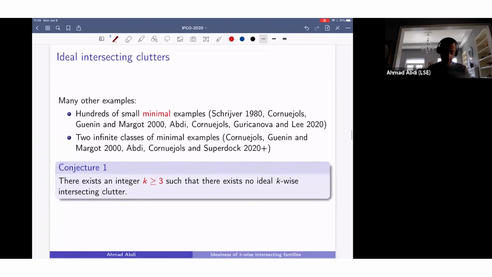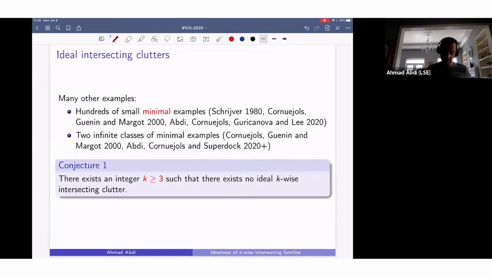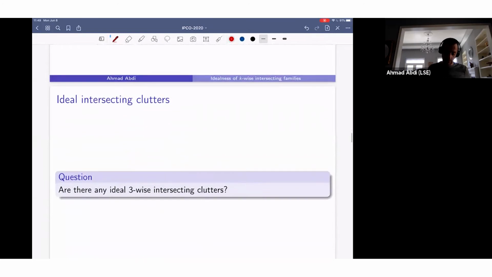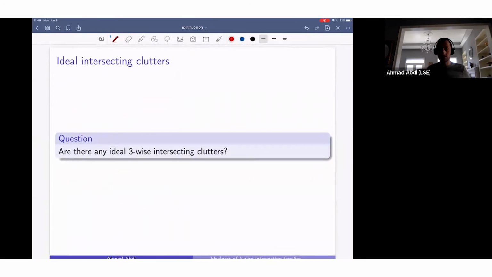So there are many examples of ideal intersecting clutters. All right, so we need to modify our conjecture. It says that there exists an integer k greater than or equal to 3, because it's not true for k equals 2. So the next question is, are there any ideal 3-wise intersecting clutters? All these examples that I gave you, is any of them 3-wise intersecting? The answer is no, none of them are.